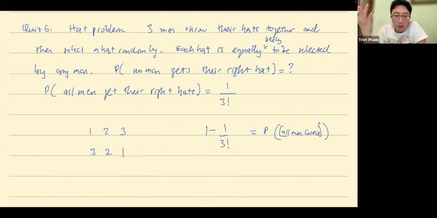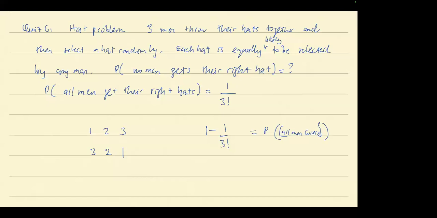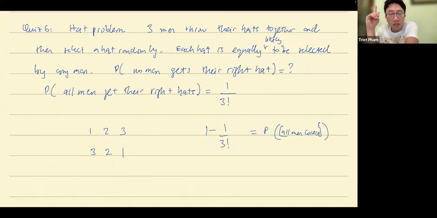But what's the complement of all men correct in terms of logic? Somebody gets one incorrect. At least one man gets the hat incorrectly, right? But does that mean all men get the wrong hat?